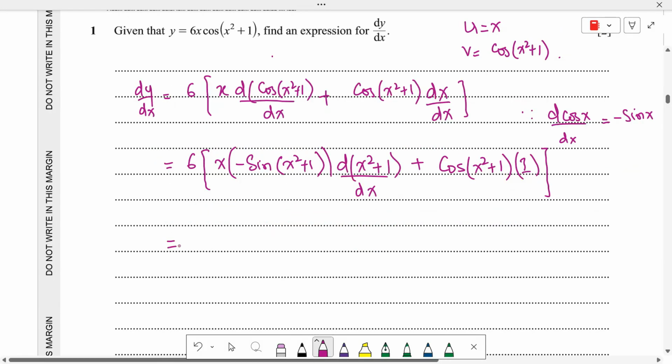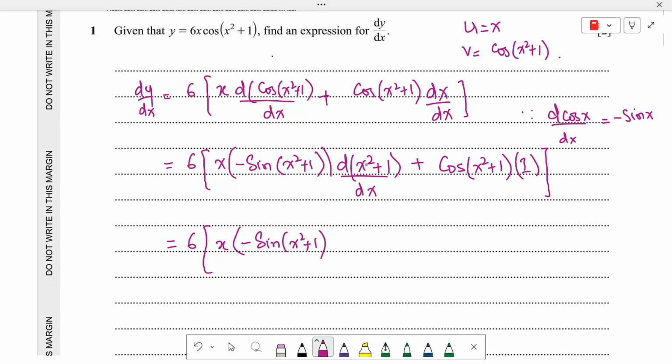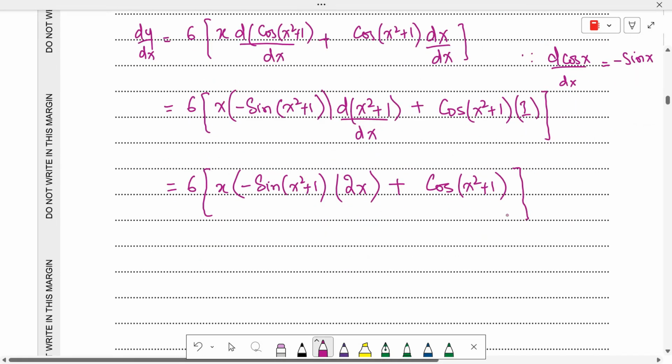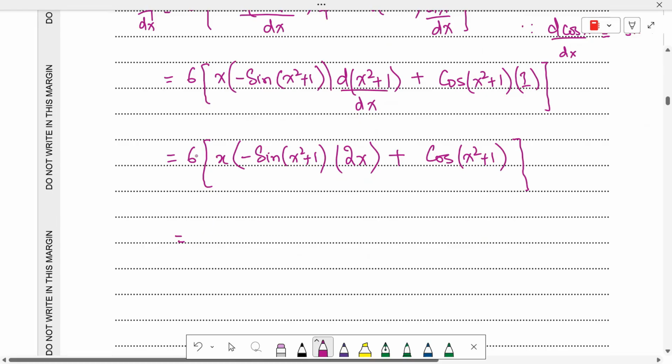And this one is equal to 6x times negative sine of (x squared plus 1), and the derivative of x squared plus 1 is 2x, plus cos of (x squared plus 1), all multiplied by 6.